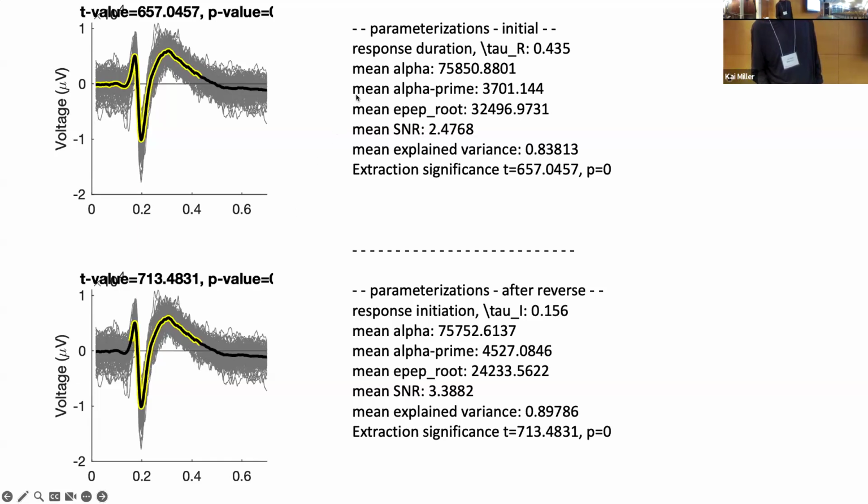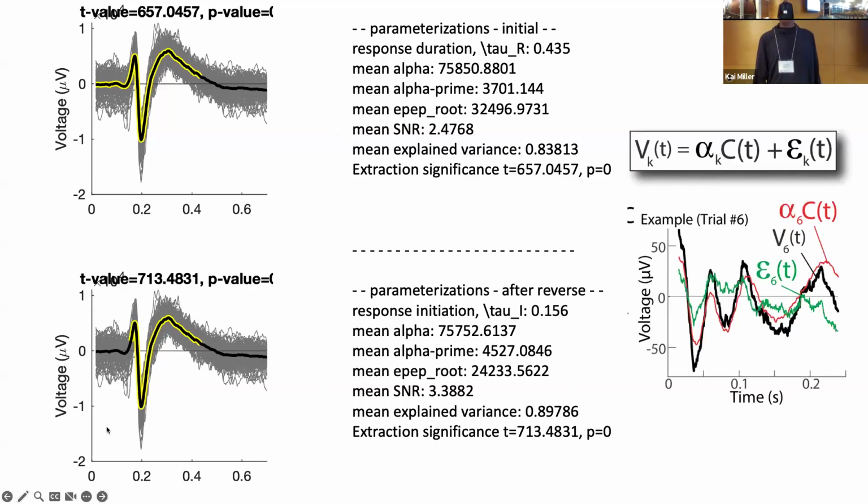I apologize that these are just written out, but you get something interesting. For example, the explained variance now, instead of being 84%, is 90%. And the signal to noise ratio jumps from about 2.5 to about 3.4 by ignoring all of the junk data before that area of the brain reacts. Okay, and that's in this parameterization here. I should have put that up.